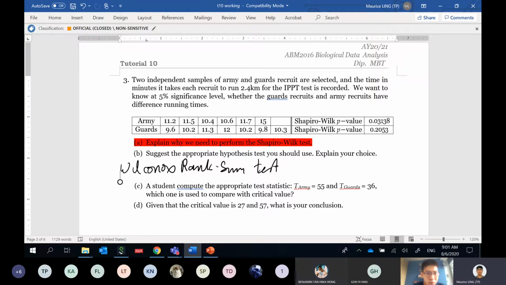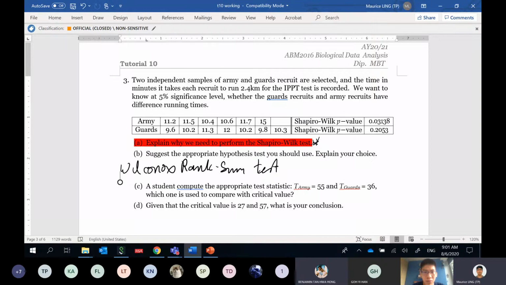Since we don't have to do part A, but what do you think the Shapiro-Wilk test is doing? Not too sure. Go find out lah. Okay, sure.